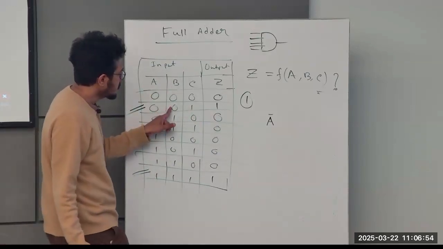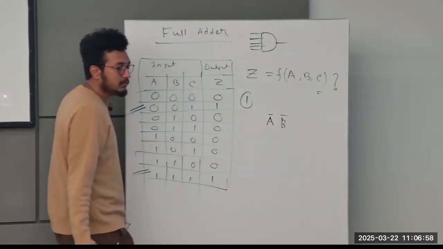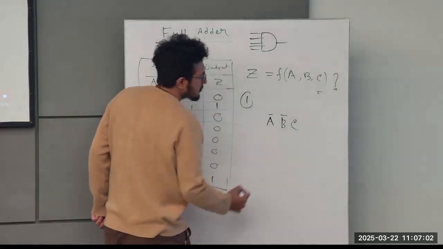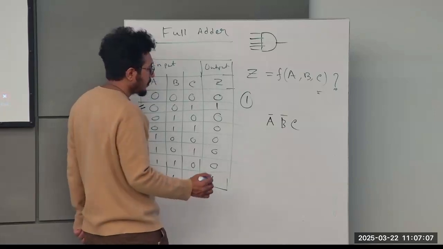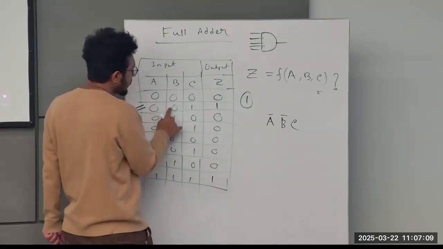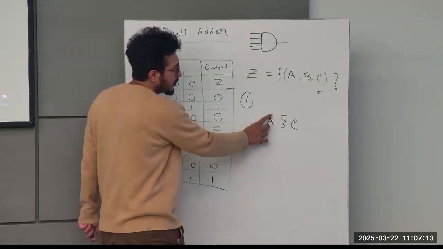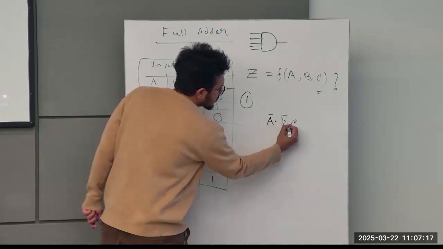When B is 0, B not is 1. And when C is 1, C is 1. You see what I did? Since we have A 0 and B 0, we have made an inversion. This is A not, B not, C. Now make an AND function between these.